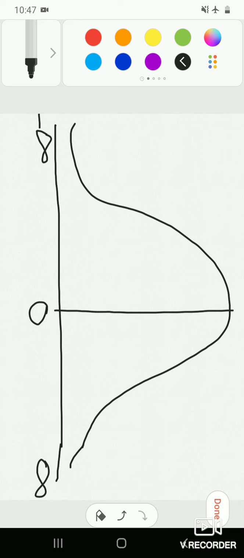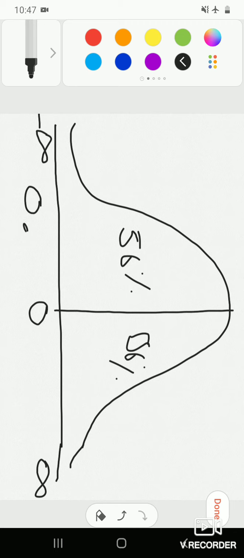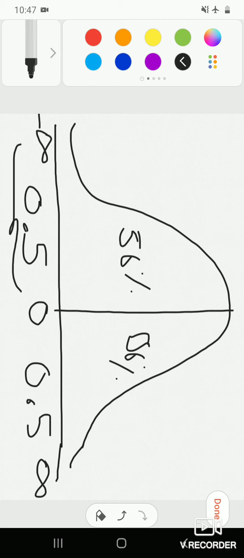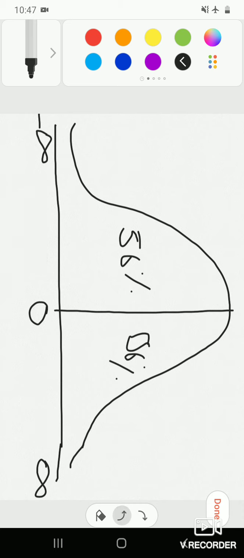When you divide the curve into two equal halves, this will be 50% of the area and this will be 50% of the area. When you divide 1 by 2, it is 0.5. So the area from 0 to -infinity is 0.5 and the area from 0 to +infinity is 0.5. Remember this, it is a useful point.